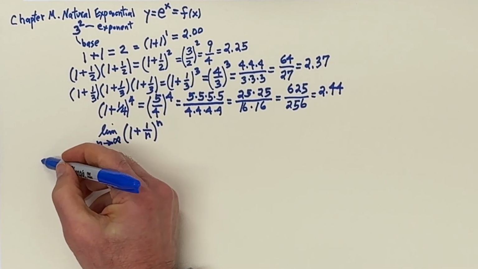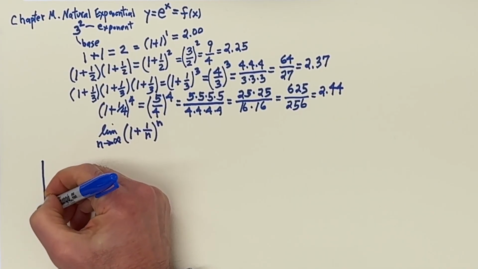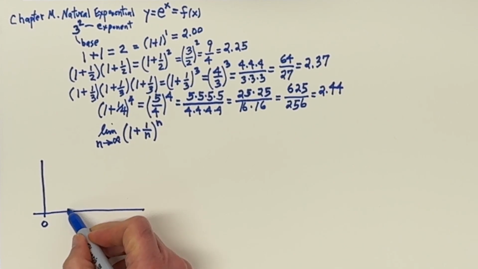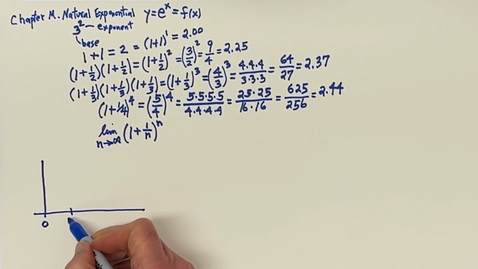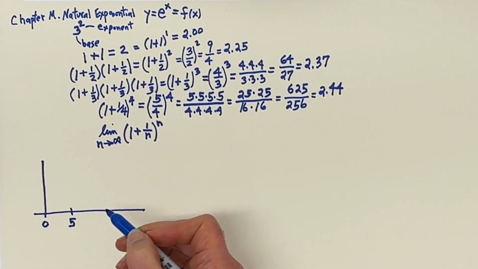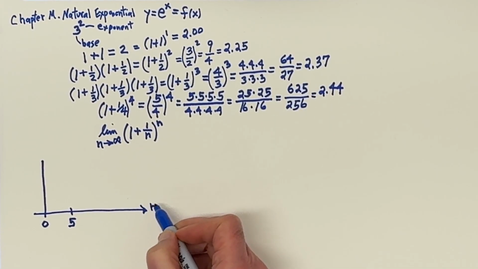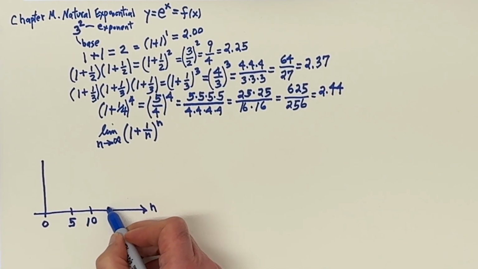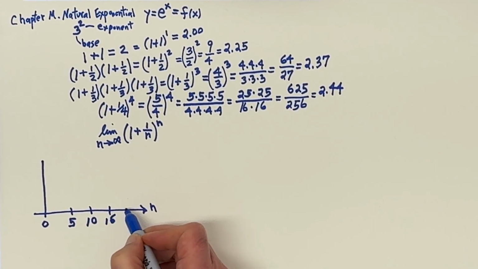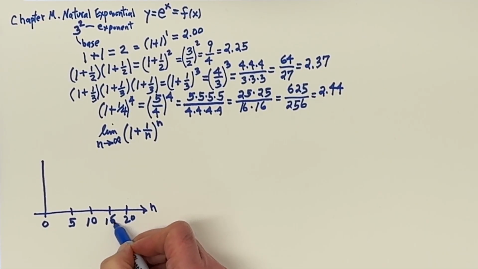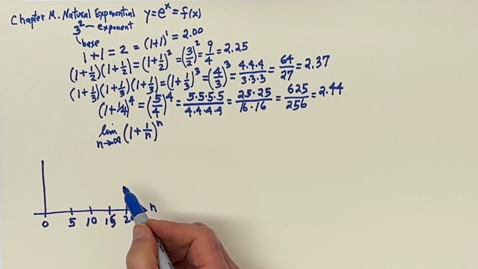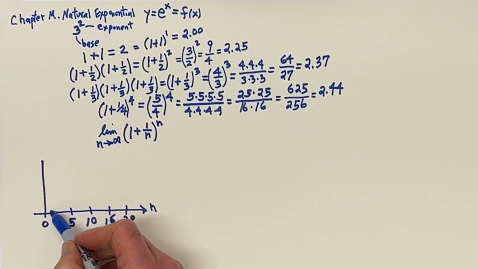Now, if we make a graph of this, and we were to have 0 here, and this is going to be 5, we'll go 5 here. This is going to be what our n is. And then we look at, say, 10, and say 15, 20, right? Then we have done the case where n is equal to 1.